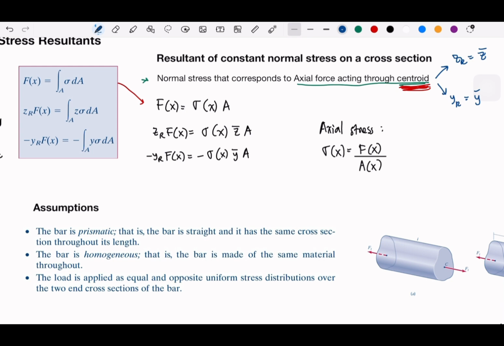So all the things will be identical along the length. And then it's homogeneous, which means that the bar has the same material. The load is applied as equal and opposite uniform stress distributions over the two end cross sections of the bar. So it will have the same axial loads, the same over the opposite uniform stress distribution at the two end cross sections. It will be the same or equal.